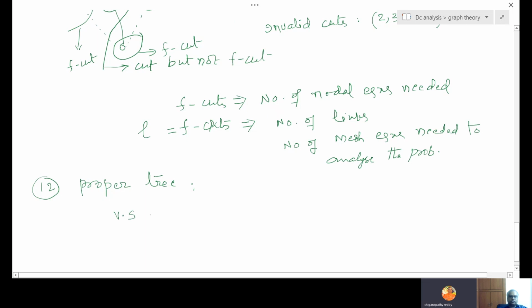Voltage sources and capacitance should be included in branches.